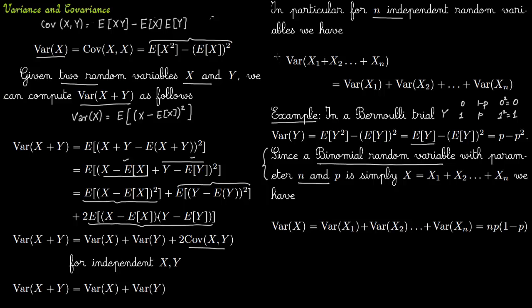We are using this formula right here because we are using n independent Bernoulli trials. Now the variance of each of these variables is p minus p square, which is nothing but p times 1 minus p. Similarly, variance here is p times 1 minus p, and so on. And there are n variables. So you add up p times 1 minus p n times, you get np times 1 minus p.